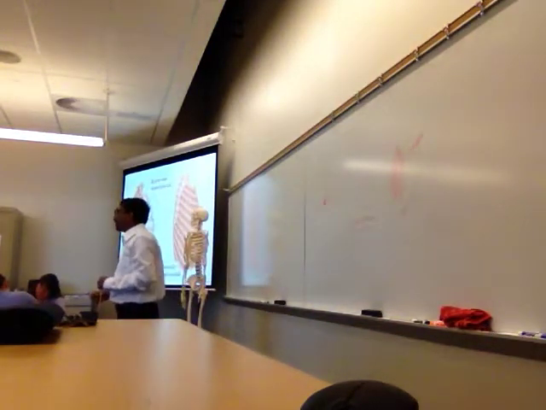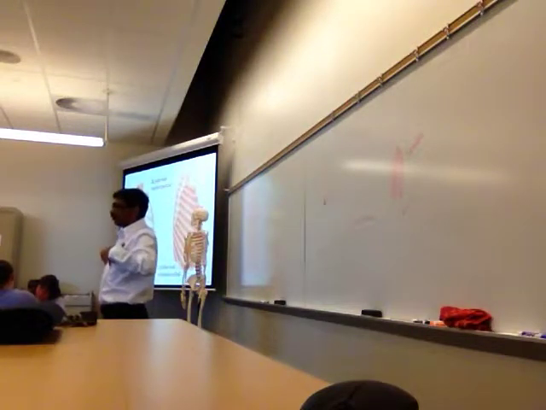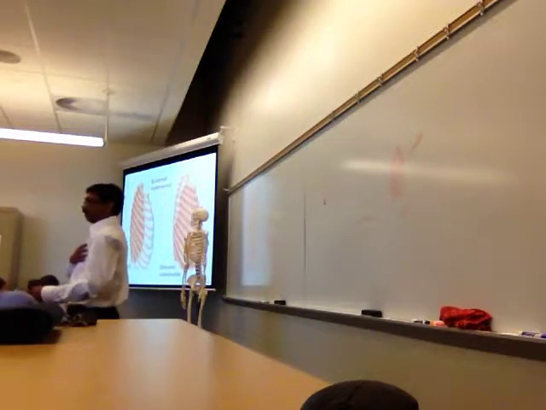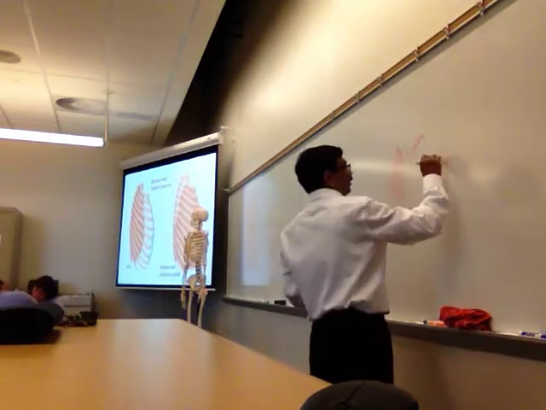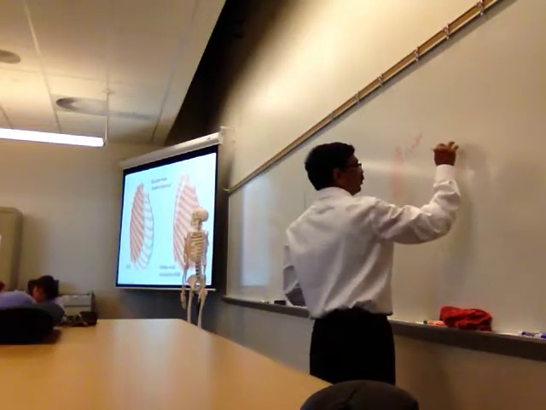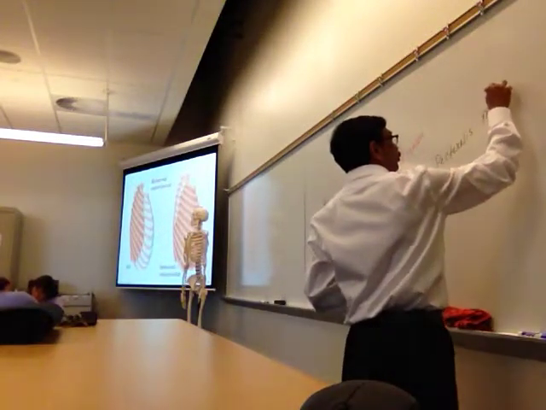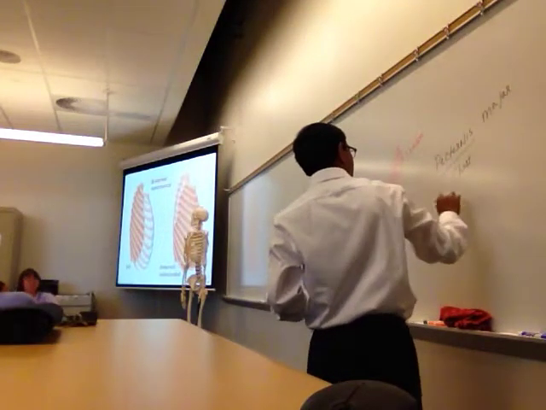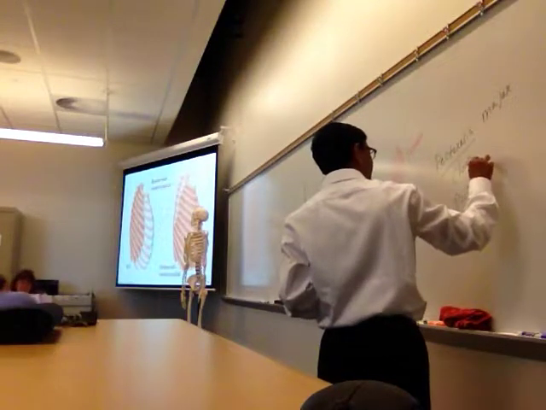Now I'll just mention a couple of non-respiratory muscles in the thorax. You know that the main muscle, the largest muscle in your thorax, is the pectoralis major. Pectoralis means chest. So in your thorax you have pectoralis major, so it is a thoracic muscle, and you have pectoralis minor.